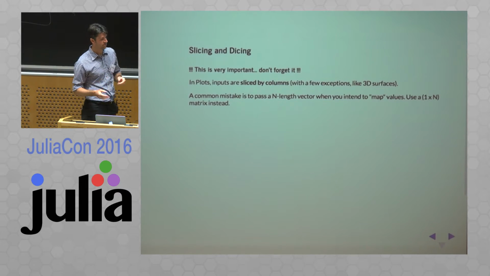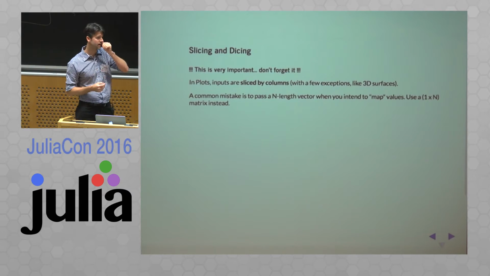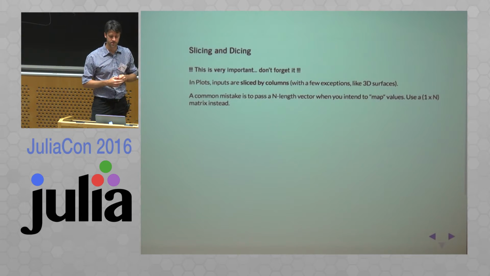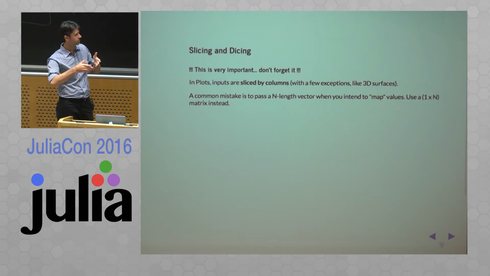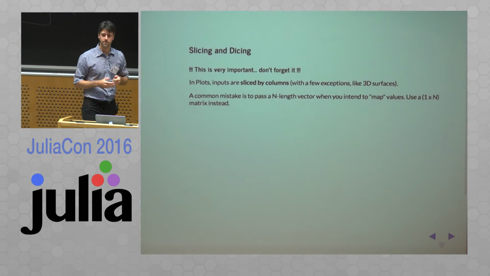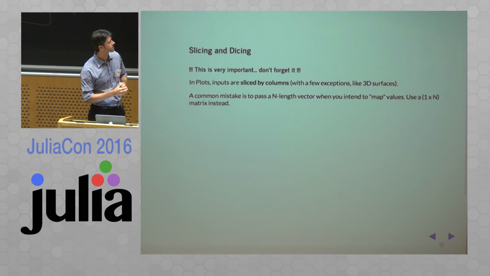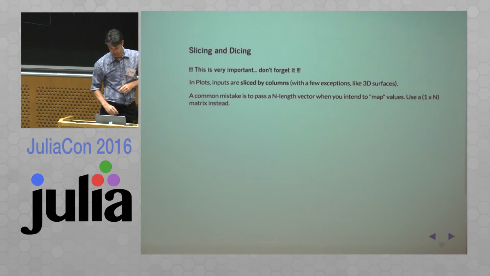But in a lot of cases, it's going to take a 100 by 4 matrix, and it's going to assume you want 4 series. And the same for attributes. It's going to do the same kind of thing. So you're going to apply each column of a matrix to a series, or in the case of a subplot attribute, you would take a column of 4, or 4 column matrix, and apply it to 4 subplots.